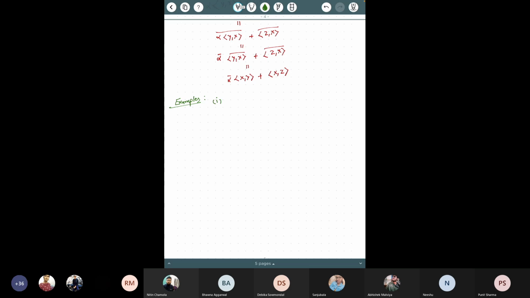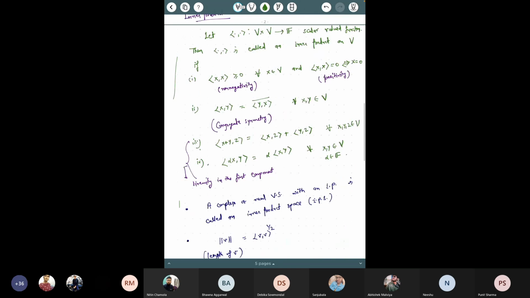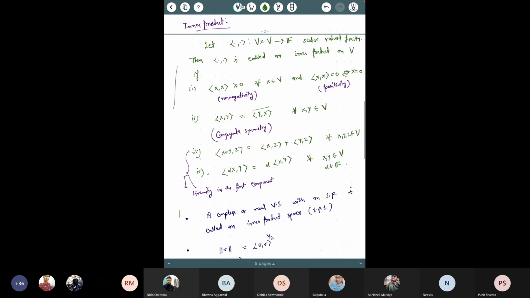So I will just give you these functions. An inner product is just a function from V cross V to the field that satisfies certain properties. When I ask whether a given function is an inner product, you just see that it is a well-defined function from V cross V to F, and it satisfies the four properties.